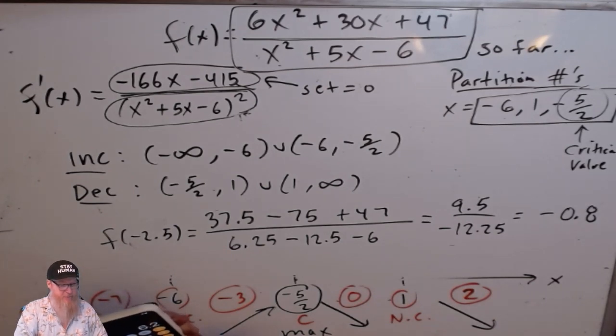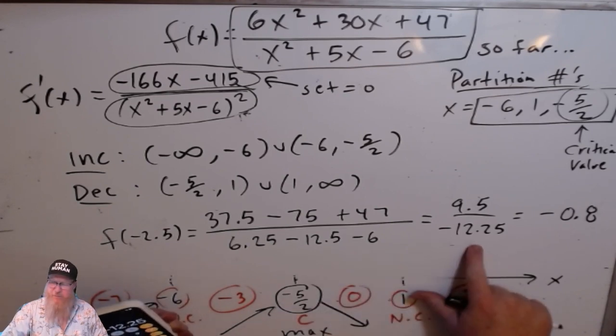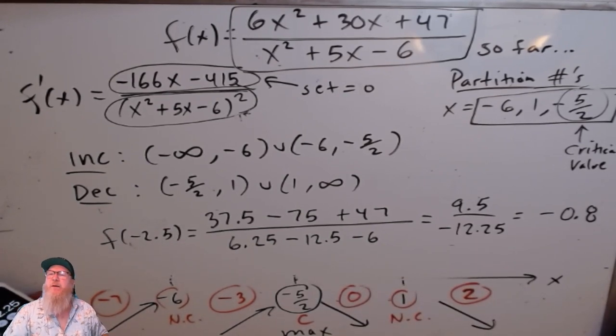And then 6.25 minus 12.5 minus 6. 12.25, yeah. 0.8.